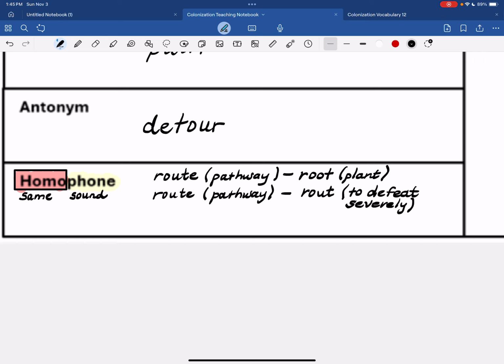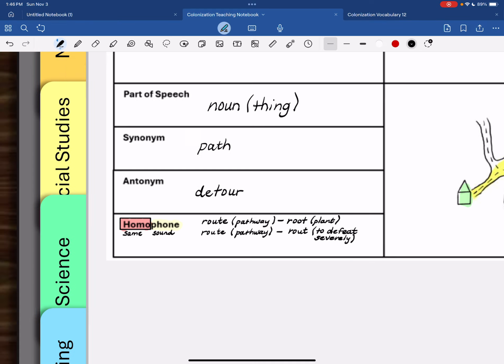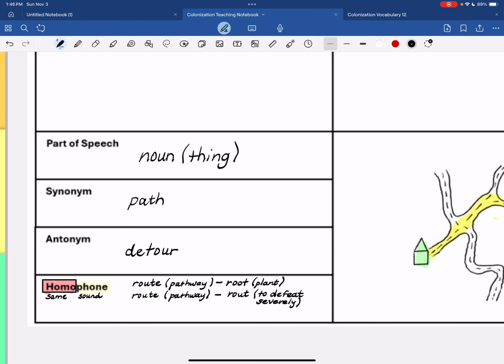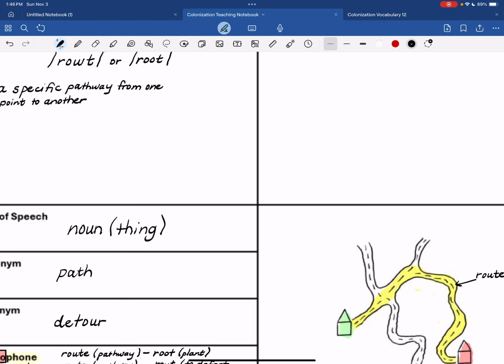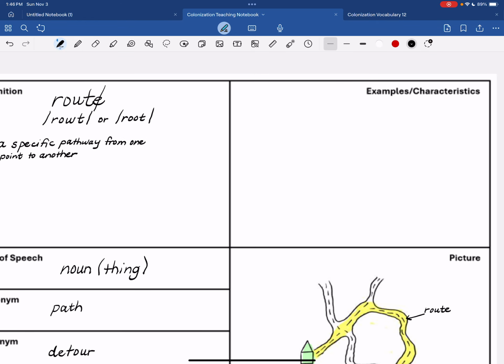The other team didn't even score a point. That was a rout. It was a severe loss. If you lose by 1 point, that's not a rout. If you lose by 100 points in football, that's a rout. So depending on how you pronounce our word, you do have homophones for that word.